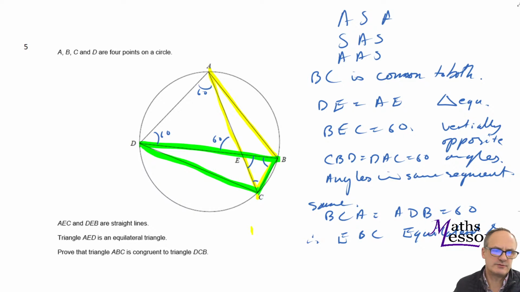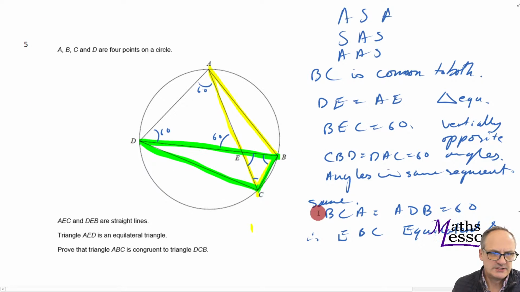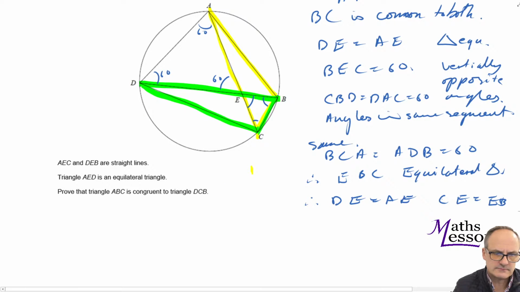And this might not be the quickest way of doing it, but it's quite an easy way. So if that's an equilateral triangle, then this side equals this side, and that side equals that side. So therefore, we've got DE equals AE, and we've got CE equals EB, and from that we get AC must equal DB.